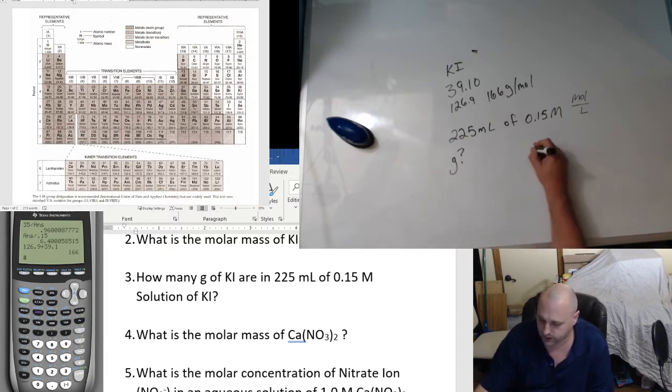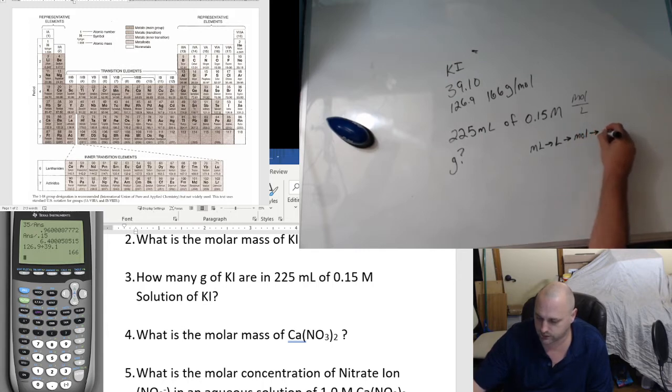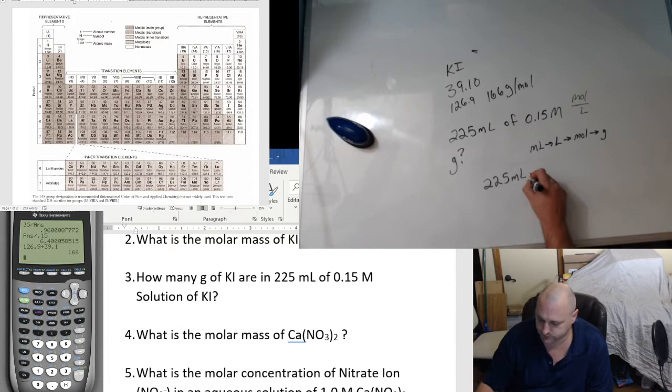So my game plan is to go from milliliters to liters to moles to grams. All right, so 225 milliliters, and 1 milliliter is 10 to the minus 3 liters.